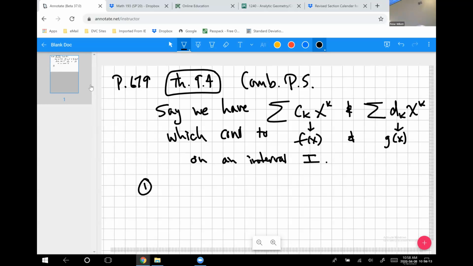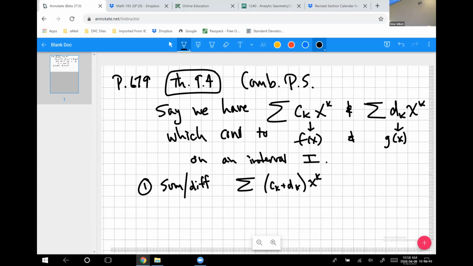The first way you can combine power series is with a sum or a difference. That means if you made a power series where you had added all of these up, with c sub k plus d sub k all times x to the k, you would just add up like terms of these two polynomials, adding the coefficients.